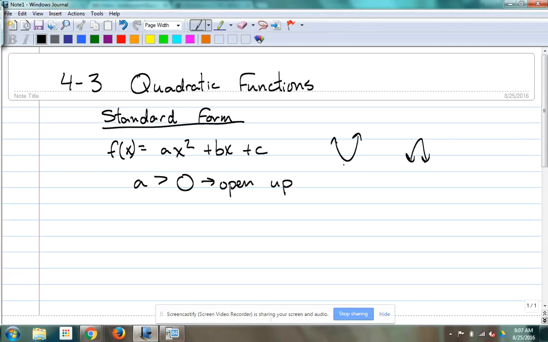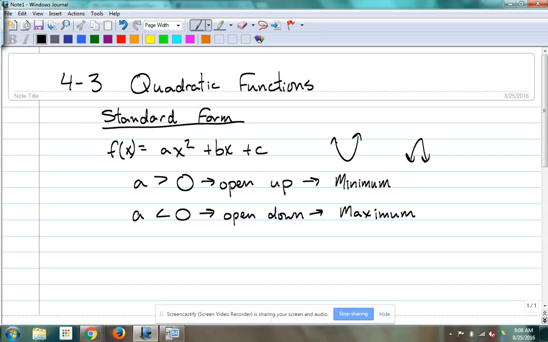And if it opens up, then it's going to have an absolute minimum. We'll talk about those in chapter 3. And if a is less than 0, meaning it's negative, it's going to open down, and it'll have an absolute maximum.